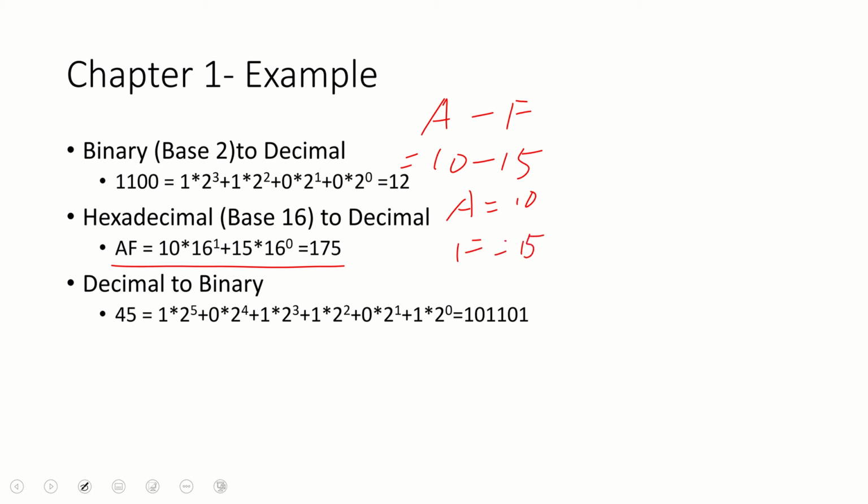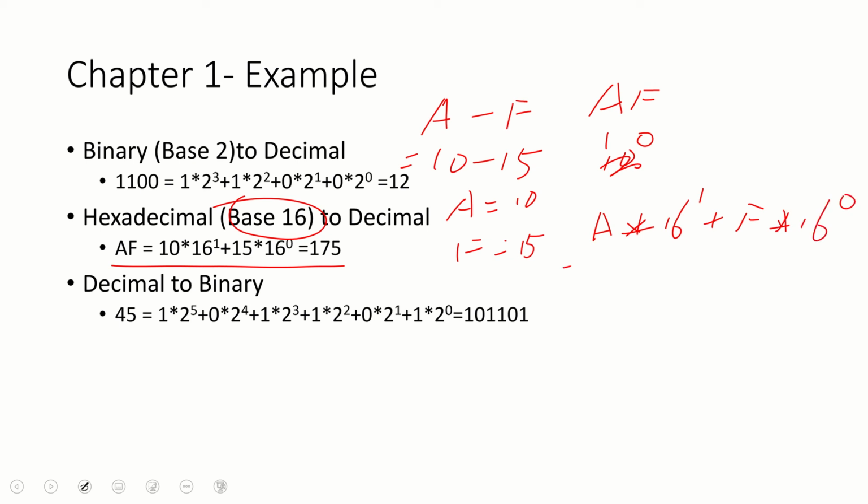Okay, once we know that, A and F, we know the index 0, 1. So basically A times base 16, which is 16 to the power of 1, and F times 16 to the power of 0.